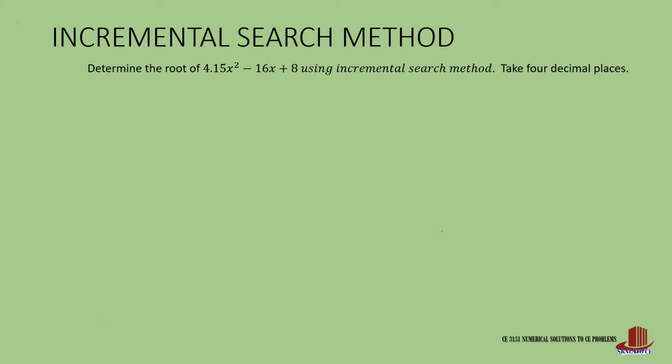Let's consider this example. Determine the root of 4.15x squared minus 16x plus 8 using the incremental search method, whereby we are required to look for 4 decimal places of the root. The first thing would be to guess a value of x and plug it into our f of x. Let's say that we would work with x equal to 0.